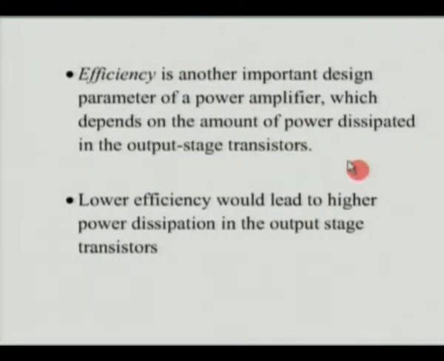Now again, another extremely important parameter when we talk about an output stage is the efficiency. This is something which we did not worry about at all so far. We did not even use this word efficiency so far, because when we talk about a small signal amplifier, the signal levels we are talking about are very, very small, say millivolts, and the typical power we are talking about would be at the most, let us say, 10 to 20 milliwatts, very, very small.